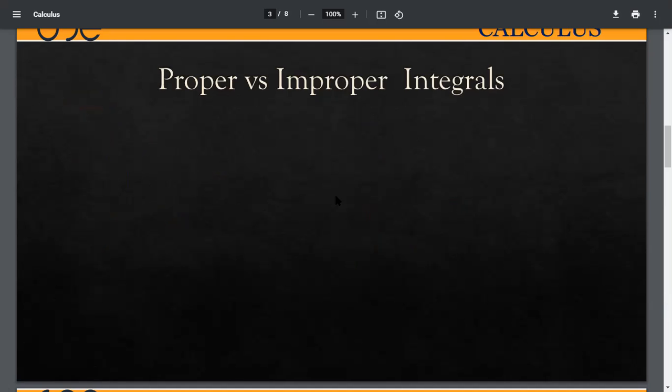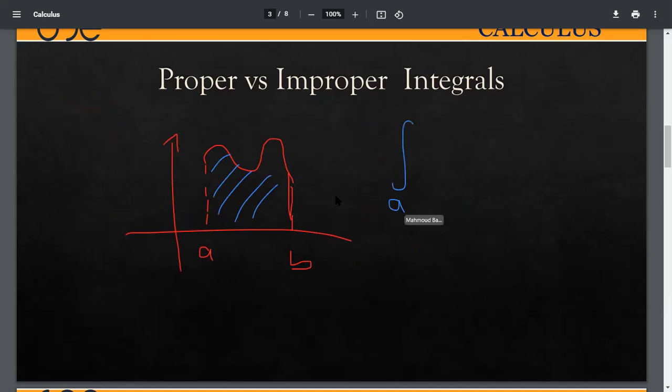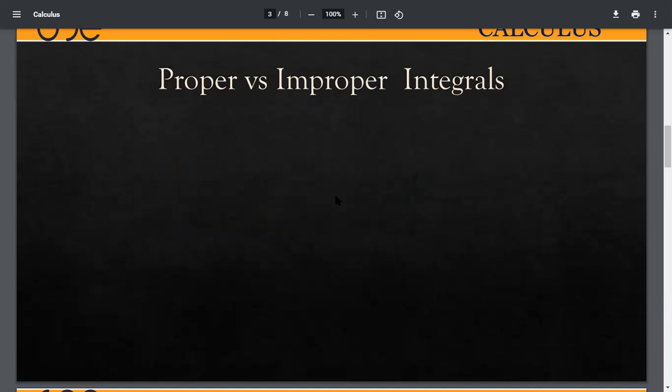So if we can imagine, for proper integrals, if we had here a and here b and here some function. Sorry for this bad drawing, but we know that the integral from a to b of f of x dx, assuming this red curve is f of x, will be equal to the area under this curve, right? f of x is continuous, so it doesn't matter.